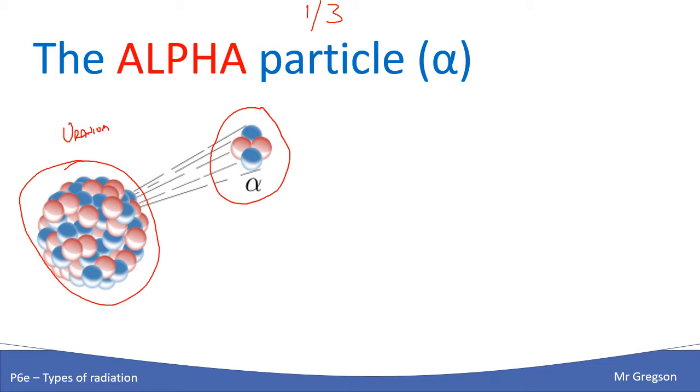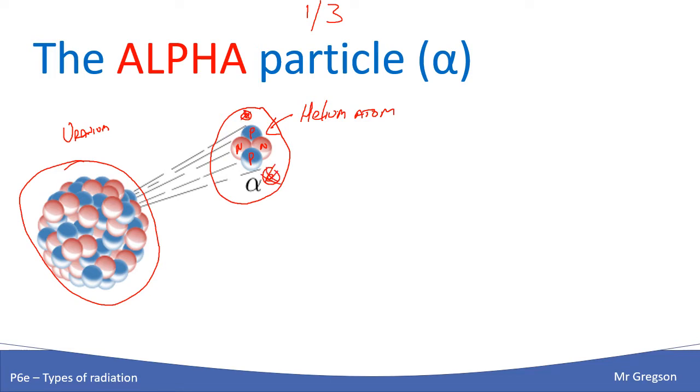An alpha particle is literally made up of 2 protons and 2 neutrons, which, if you know your chemistry, is a helium nucleus. But it's missing something to be a helium atom. A helium atom would also have a couple of electrons attached, but we don't have those, because this is coming out of the nucleus.